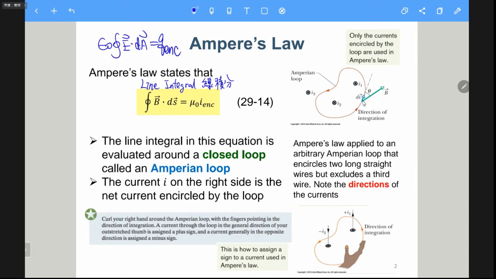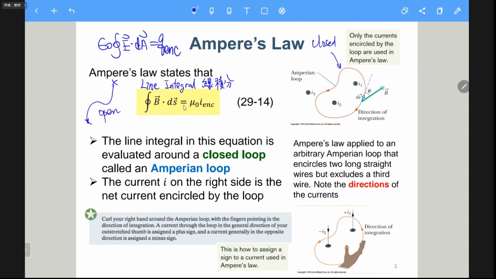If it is a path like this, this is open, and this is closed. So the line integral in this equation is evaluated around the closed loop called an Amperian loop.